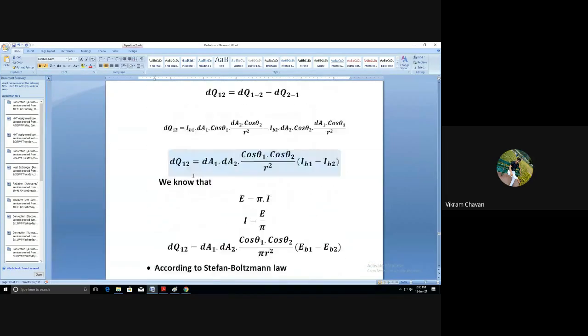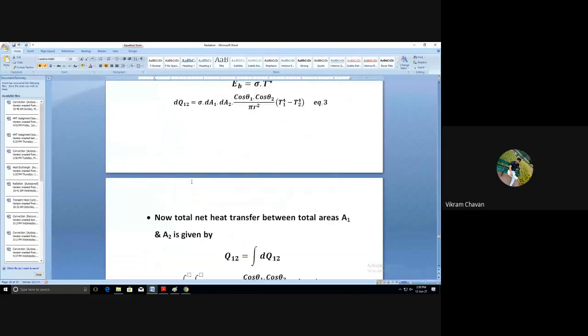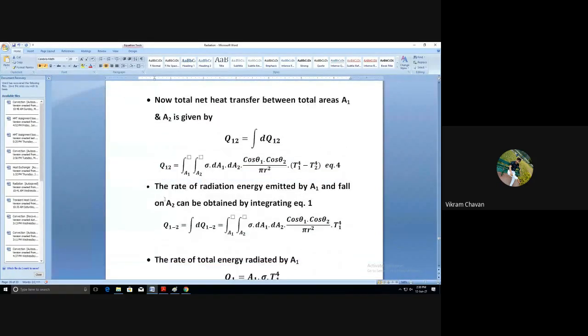So we have to take the integration of dq1 to 2. In that case, what will we get? The rate of radiation energy emitted by A1 and falling on A2 can be obtained by integrating equation number 1.